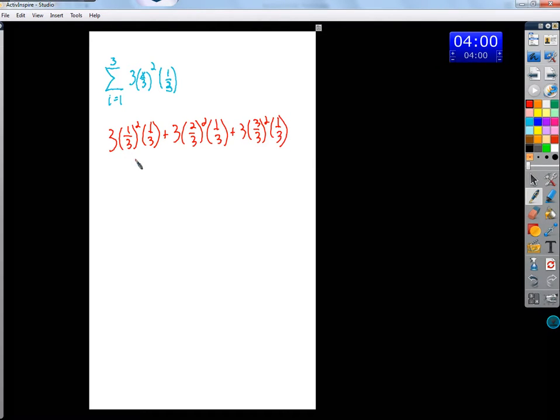So let's see. We've got 3 times 1/3. That's easy, that's just 1. 1/3 squared is 1/9. Plus, again, that's just 1. 2/3 squared is 4/9. Plus that's just a 1. 1 squared is 1, but we want a common denominator, so 9/9. So we have 14/9.